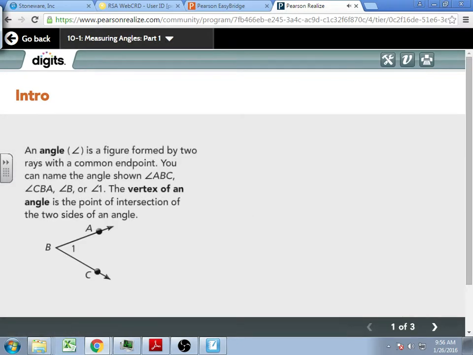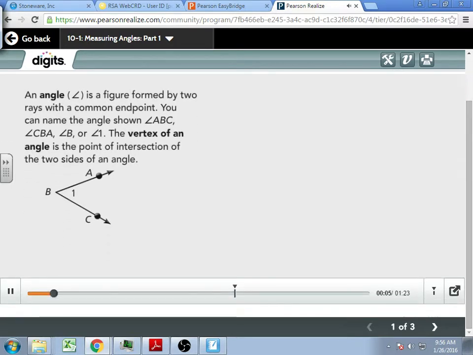An angle is a figure formed by two rays with a common endpoint. You can name the angle shown, angle A. Anytime we have angles, really they're made up of two lines or two rays. What's the difference between a line and a ray? Like when we draw it, what's the difference, Isaiah?